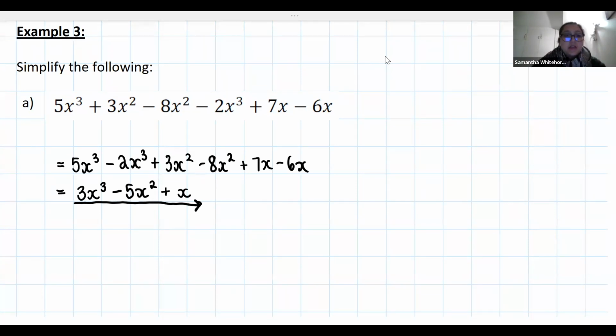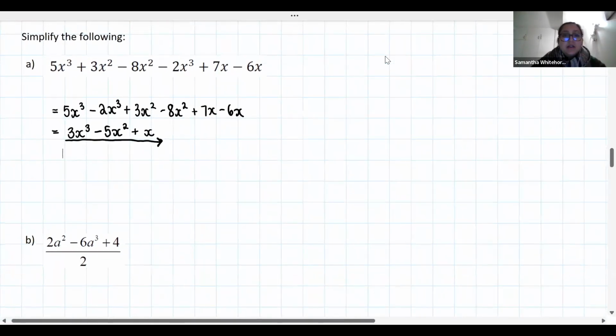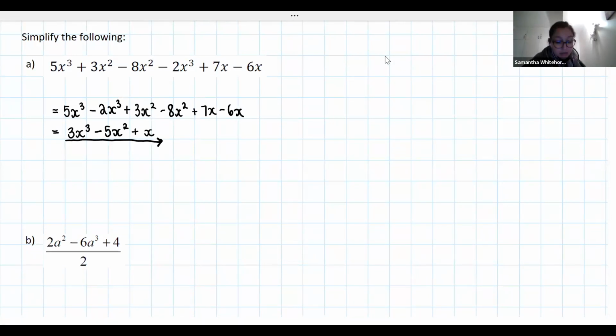What I want you guys to now try is question B over here. I'm hoping that we remember how to do this from our last lessons. I'm not going to write anything down. What I am going to say is that, remember, a fraction can be separated. If you have got all of these terms in your numerator all over one denominator, you can separate your fraction into separate fractions to simplify. That's all I'm going to say.